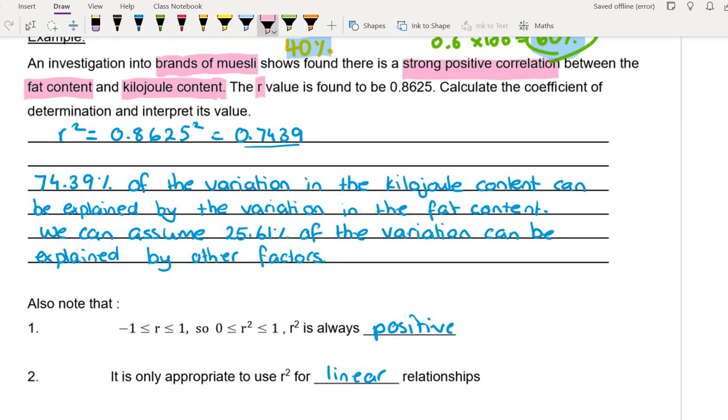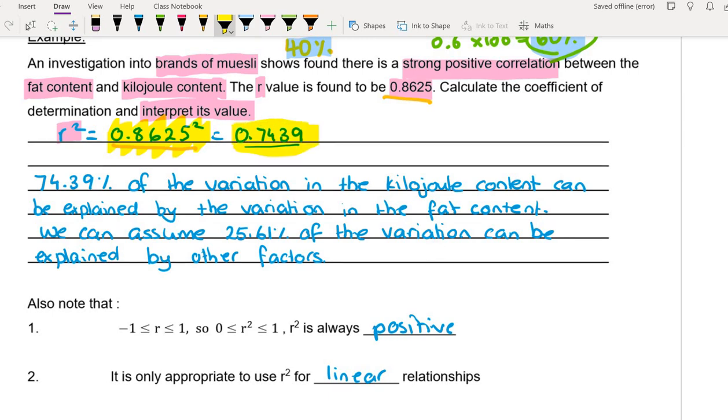The R value between the fat content and the kilojoules is 0.8625. We're asked to calculate the coefficient of determination, so the R squared value, and talk about what it means. To find the R squared value, all we have to do is take this R value and square it. Obviously put this into your CAS, and it'll give you a value like this.